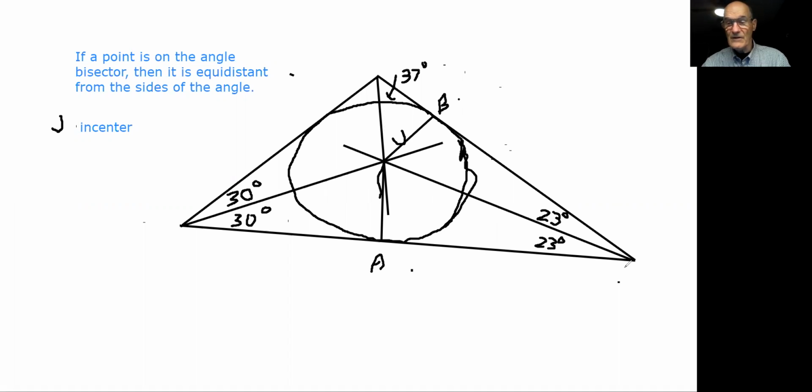And the theorem we looked at a few minutes ago said if I'm on the angle bisector, then I'm equidistant from the sides of my angle. So those are the types of problems.